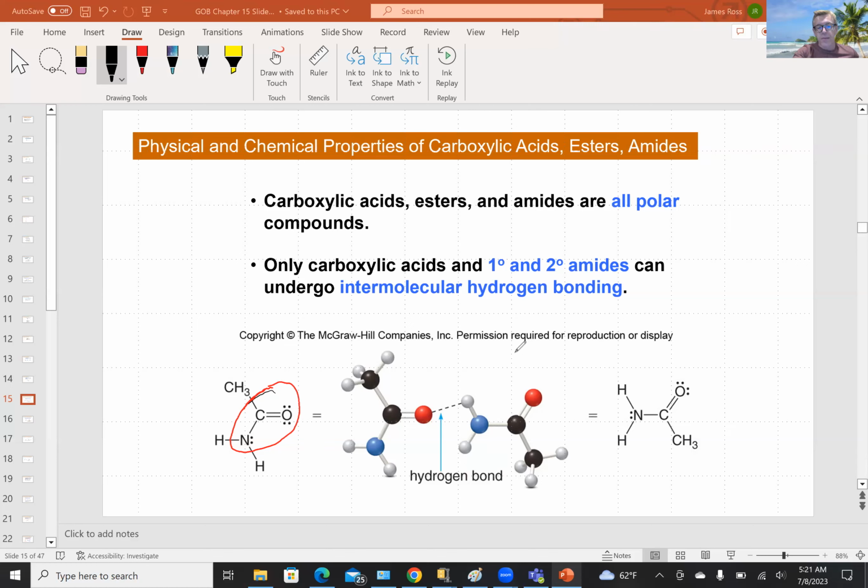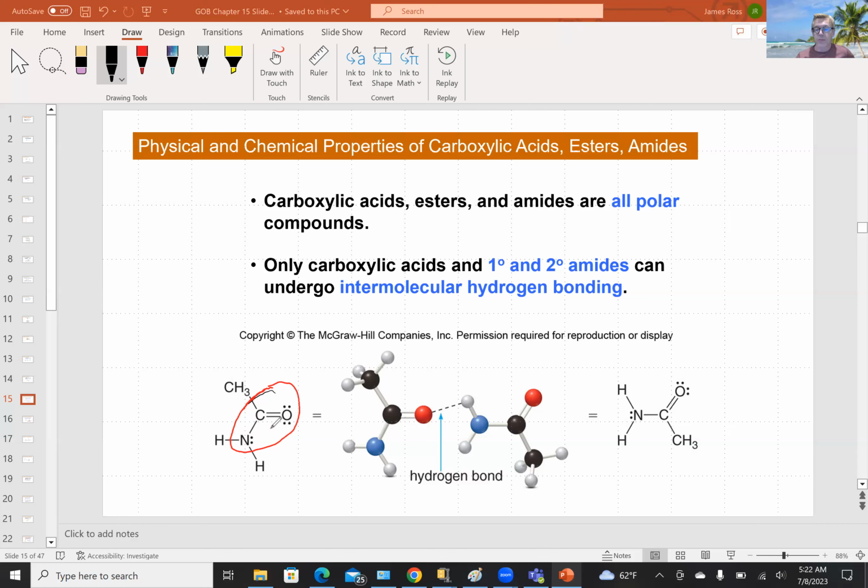And we can see two amides, so it's the same structure, two adjacent molecules just interacting with each other. We've got the oxygen of one carbonyl group on one molecule interacting with the hydrogen on the nitrogen of an adjacent molecule.